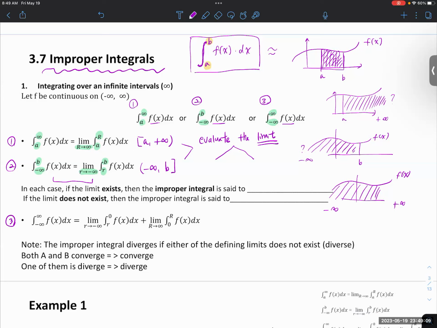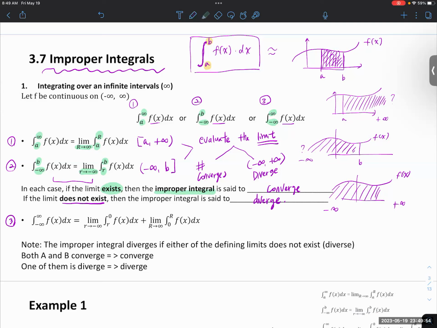If your limit exists, that means this integral converges. In the other case, if the limit does not exist, let's say it goes to negative infinity or positive infinity, then we say this integral diverges. So in each case, if the limit exists, then we say the improper integral converges, and if the limit does not exist, we say the improper integral diverges.